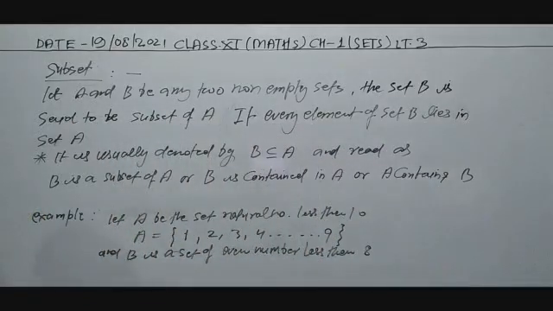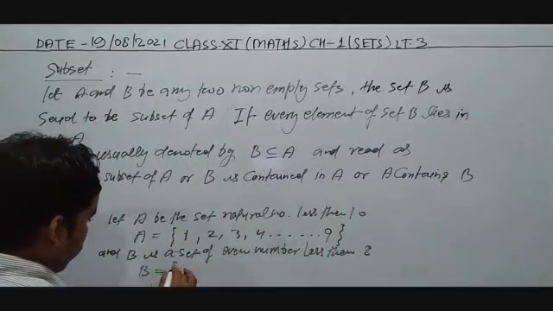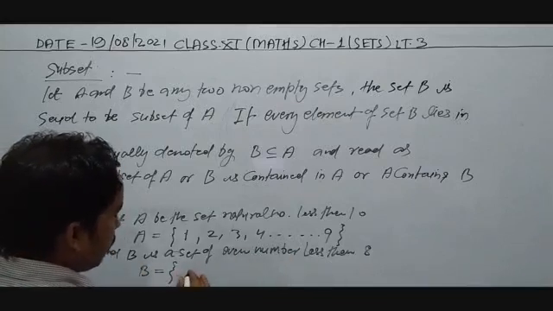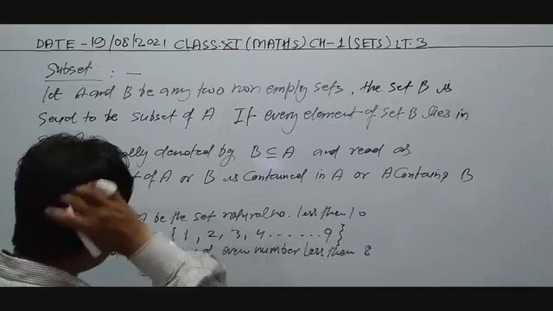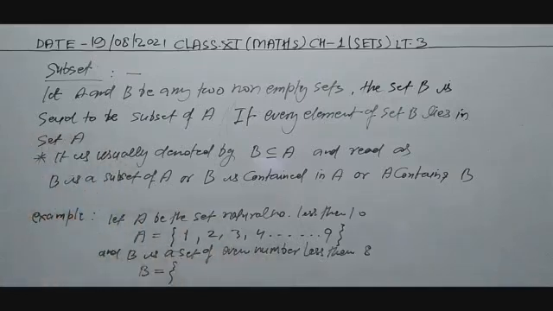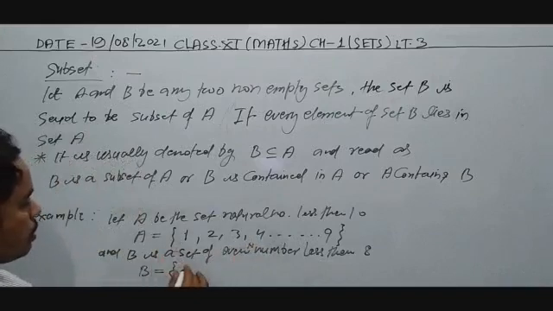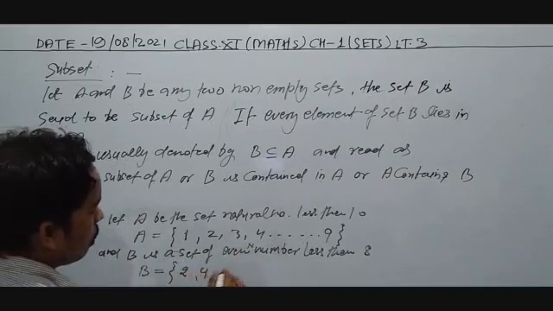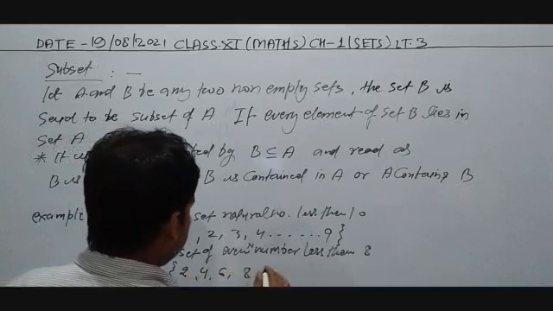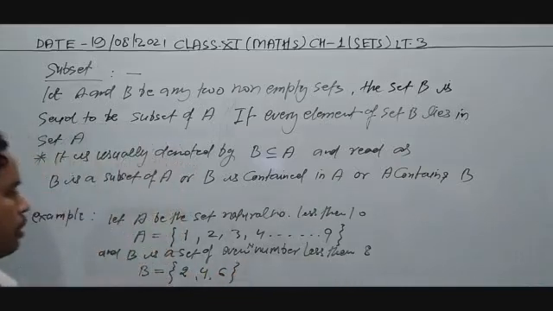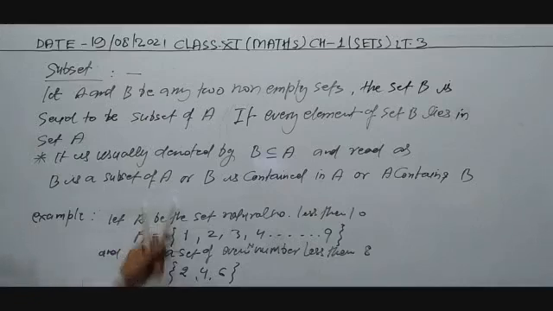Then what can we write about B? That is even natural numbers, suppose 2, 4, 6, 8. Less than 8 means 8 will not be here. So 2, 4, 6. Every element of B lies in A.